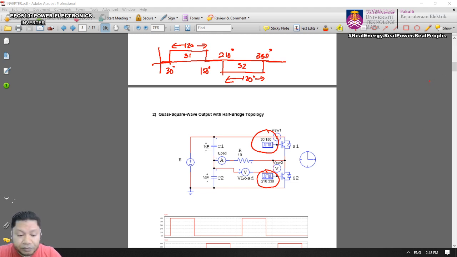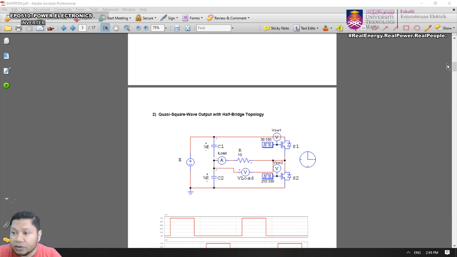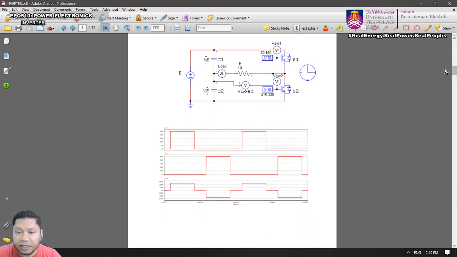Okay, and let's look at the waveform again. There you are. Whenever switch 1 is on, you're going to see that the output across VR will be positive half E, and then when S2 is on, you're going to have negative half E across the output, right?